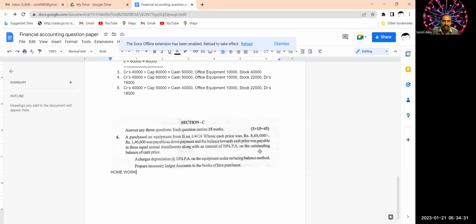was payable in 3 equal installments, along with an interest of 10% per annum. So remember, very important, on the outstanding balance of cash price. A charges depreciation at 10% per annum on the equipment under reducing balance method.